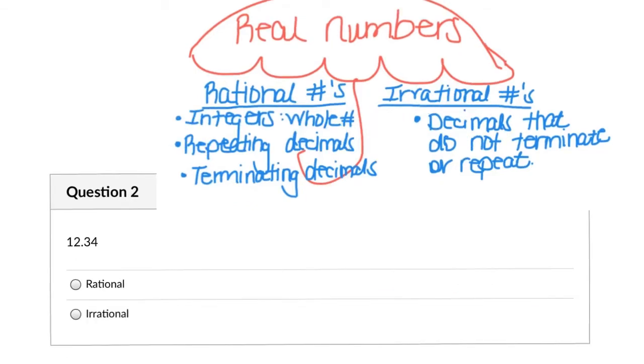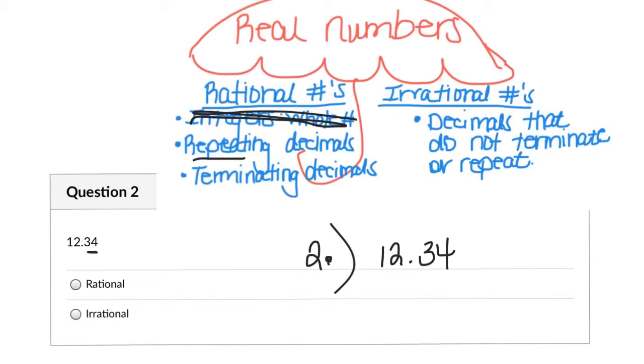Number 2. Again, I have the graphic at the top. We're going to refer to that. You should have drawn that on your paper when we got started. I'm going to write the question, 12.34, and then I'm going to look through my choices. I know this is a decimal, so it is not an integer. I know it is not a repeating decimal because it just stops.